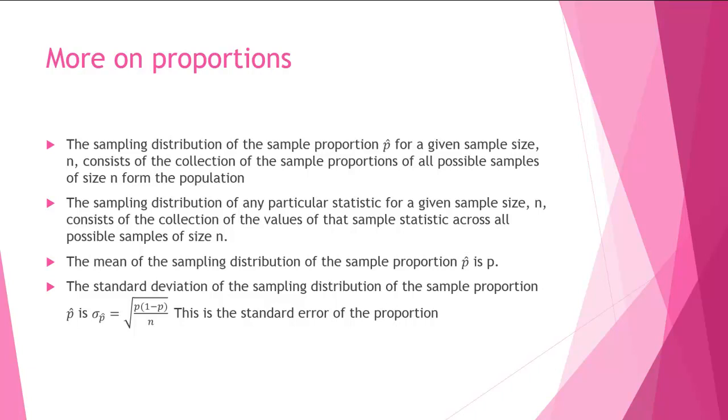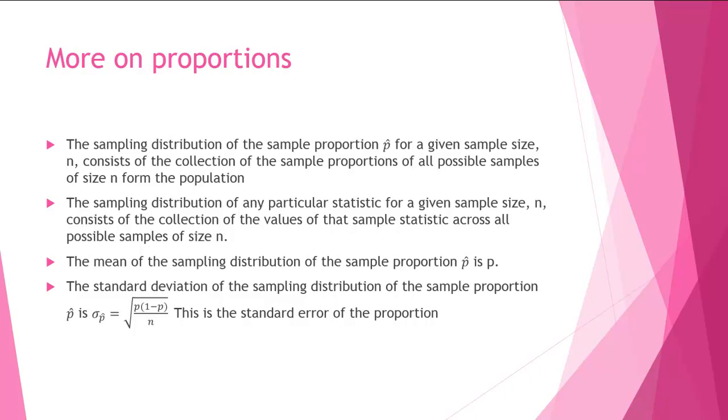The sampling distribution of a sample proportion p hat for a given sample size n consists of the collection of the sample proportions of all possible samples of size n for the population. The sampling distribution of any particular statistic for a given sample size n consists of the collection of the values of that sample statistic across all possible samples of size n.